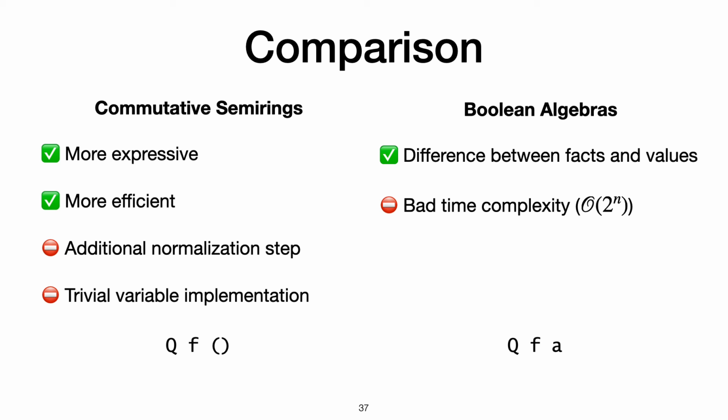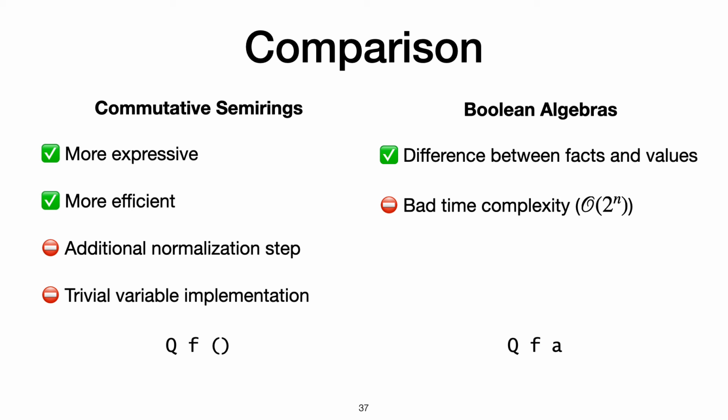So although the interpretation of a query in terms of commutative semirings is more expressive, because we can do probability distributions, and also more efficient, because we can use the named heuristics, such as D4, it also requires an additional normalization step, which forces us to use a trivial implementation for interpreting variables.